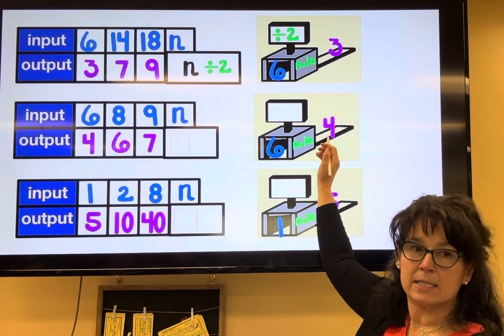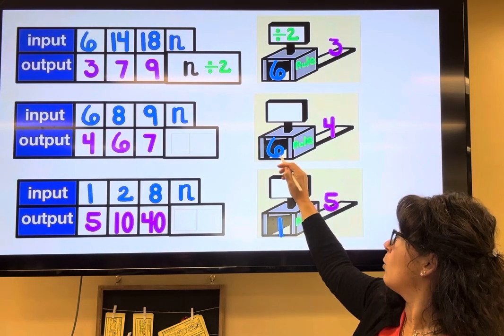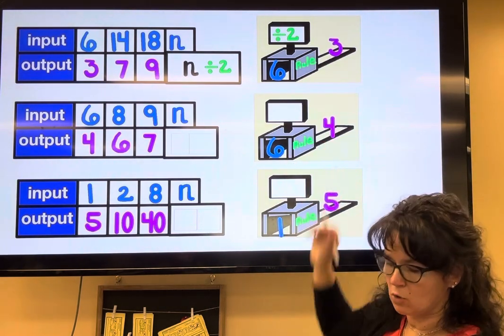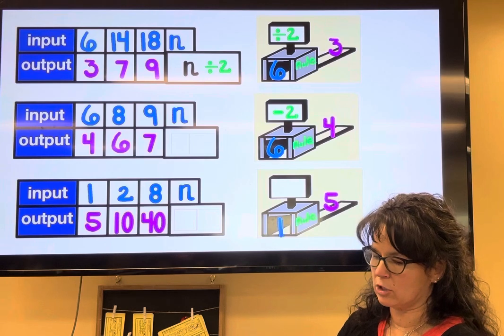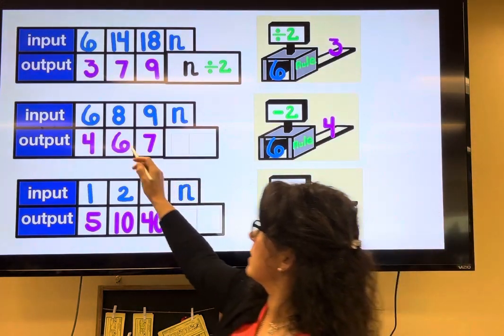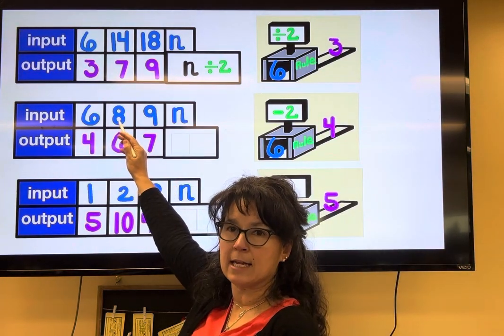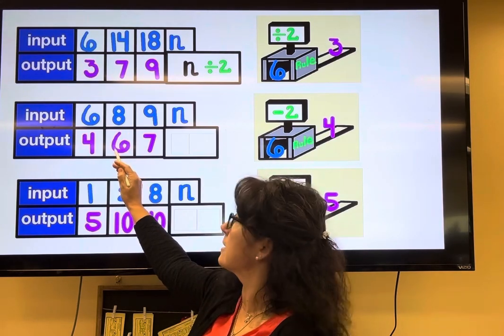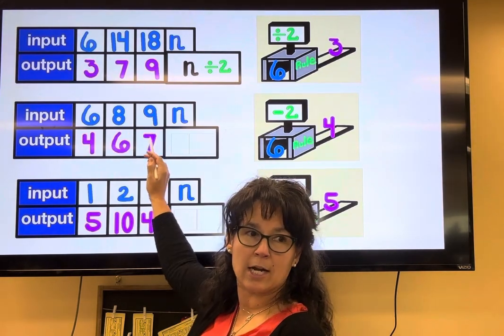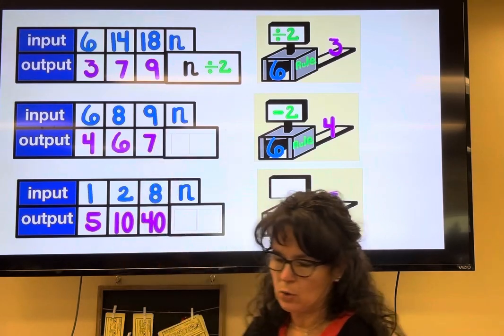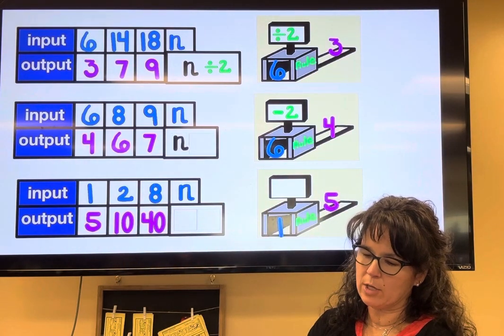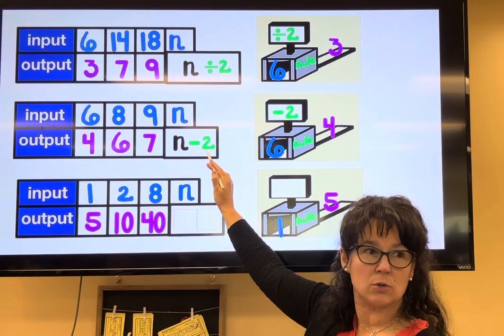It did make it smaller, and it went down by 2. So maybe the rule is subtract 2. If we try that on the rest of them, if I put in an 8 and we subtract 2, we'll get 6. I put in a 9, I subtract 2 and I get 7. So if I put in n, I'm going to subtract 2.